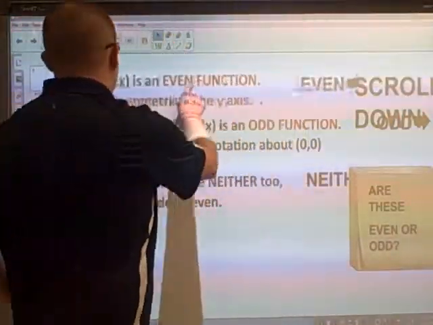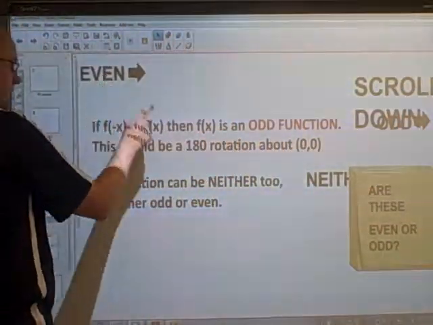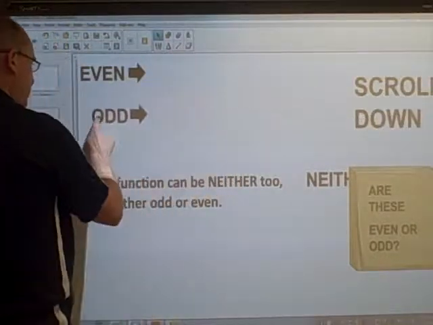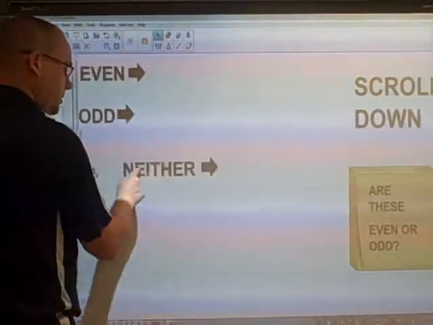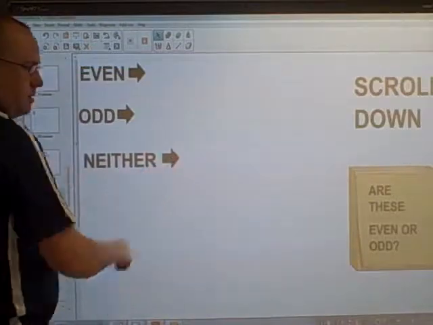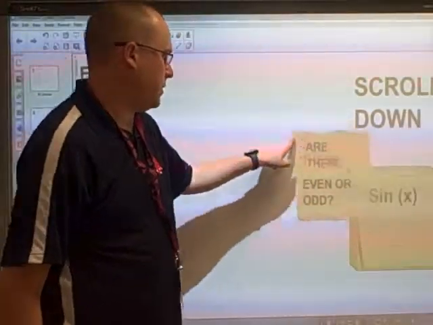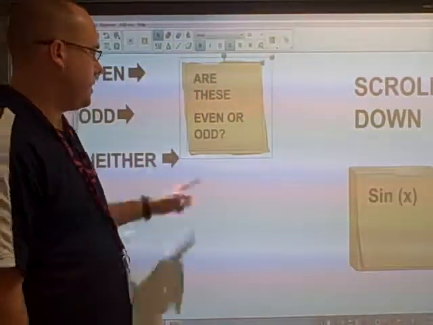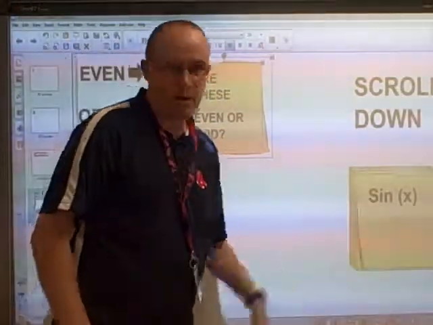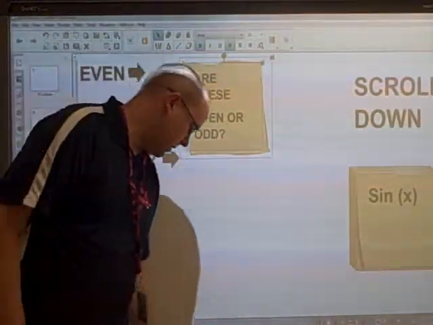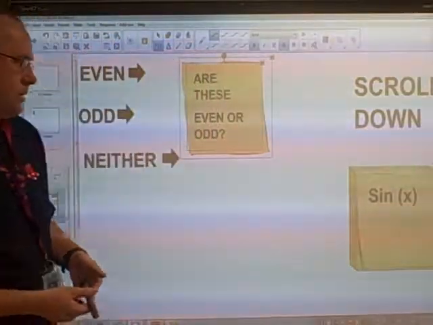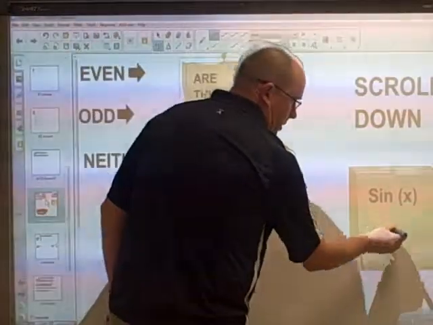Now, we did a little activity here, so we're going to do this one as well. Just move these out of the way so we can actually see. And we're going to look at some trig functions, and we're going to try and determine, are these even or odd? So sine x, is that even or is that odd? The graph of it looks like this.